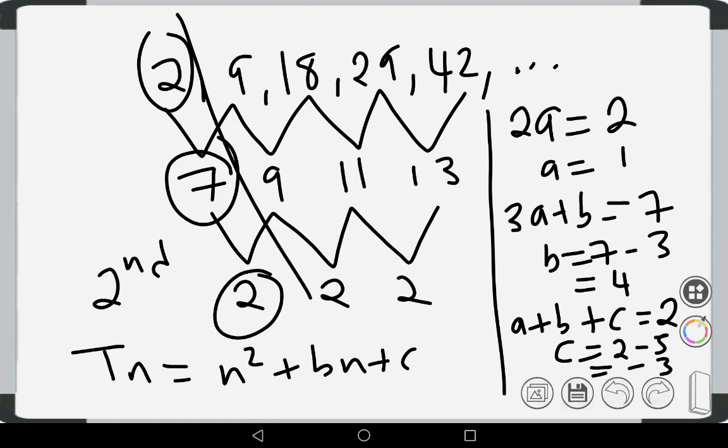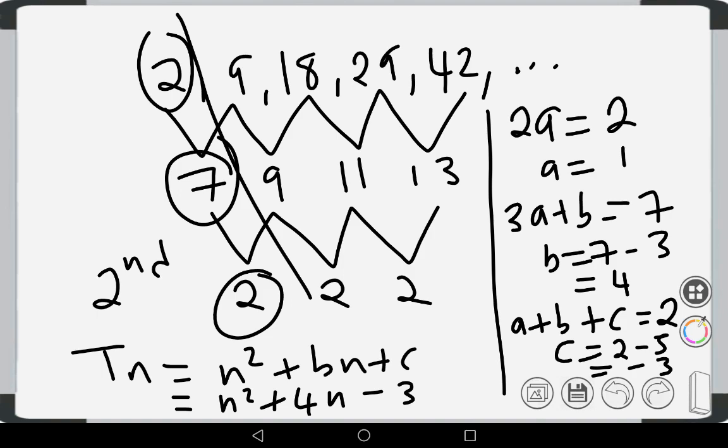Now we can write the general formula: Tn equals n squared, our b was 4, plus 4n, and our c was minus 3. This is your general formula for this sequence.